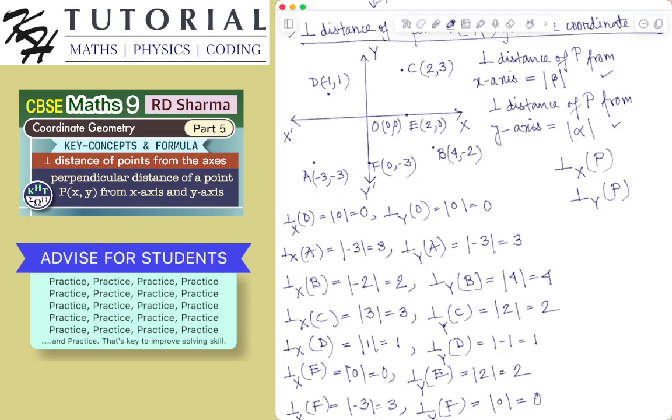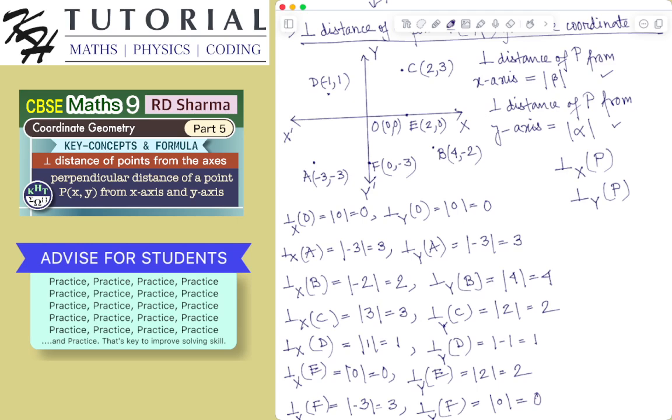Now some books might be writing that a point is at a distance of minus 4 from the y-axis. That distance of minus 4 is just trying to say that the point is along the negative direction of the x-axis, that is to the left hand side of the y-axis.